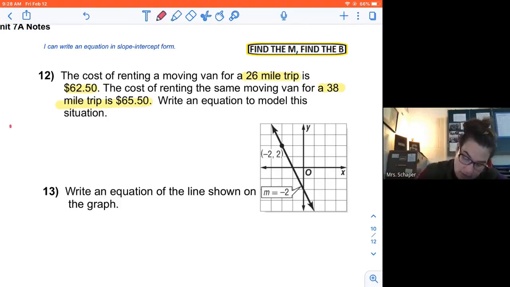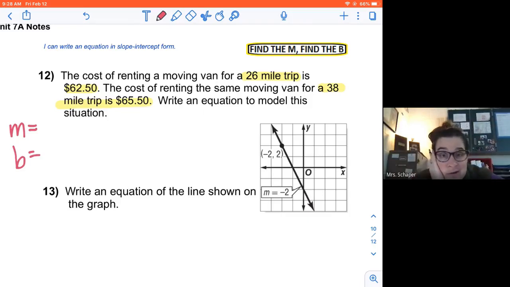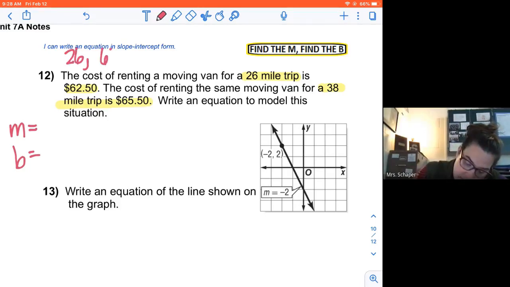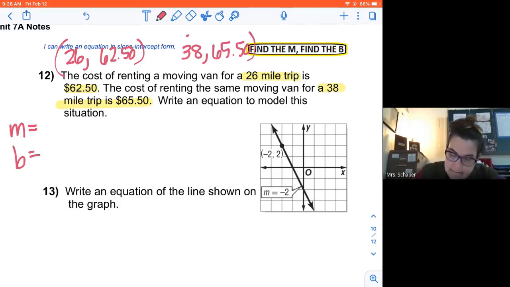Well, I need to know my rate of change and my beginning. And I don't know either. So what I need to do is start by finding my slope. So I have 26 miles is $62.50 and 38 miles is $65.50. Right? I'm going to find my rate of change.